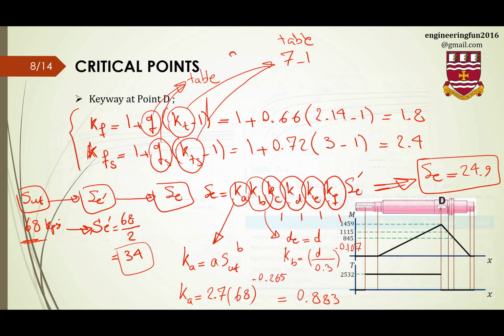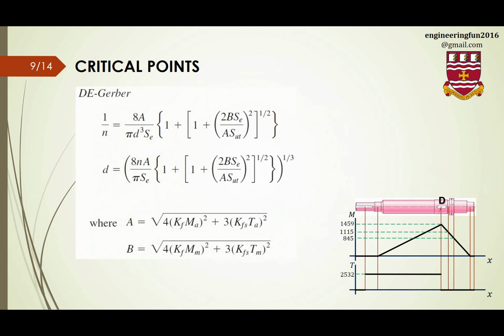Okay. Once we get the endurance strength, we need to pick the criteria that we're going to use. For example, here I'm going to use the Gerber criteria. In this criteria, as you see, if you want to find n, you need to use this equation.